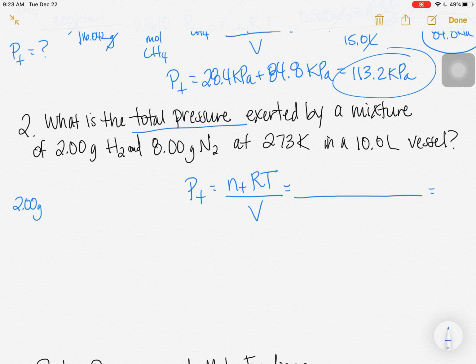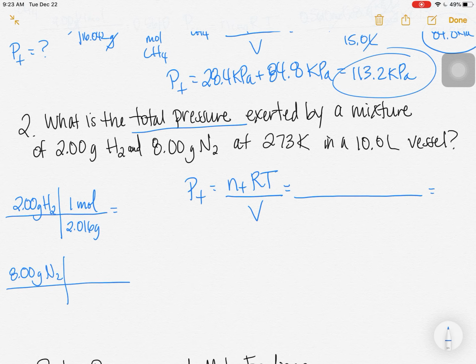So 2 grams of H2. Well, that's almost 1 mole, right? And then 8 grams of N2, 28.02.